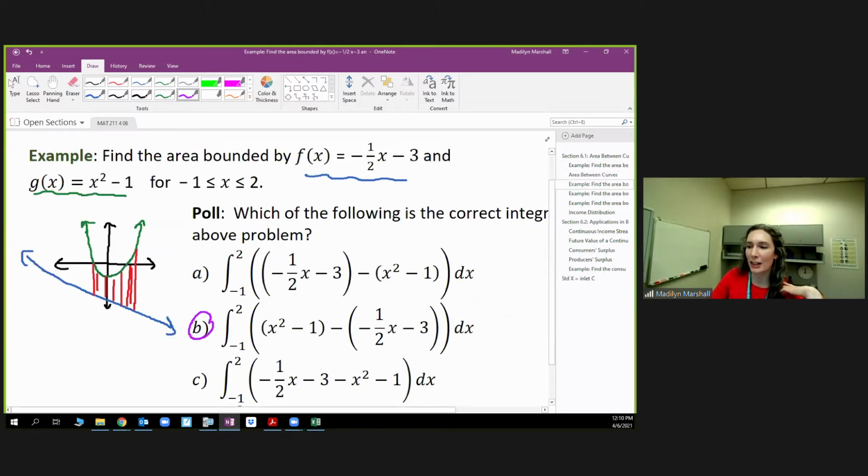So B is actually the correct choice here because the function g, x squared minus 1, is on top. So we have to do that top function minus the bottom one, which was f in this case, for this area to work.